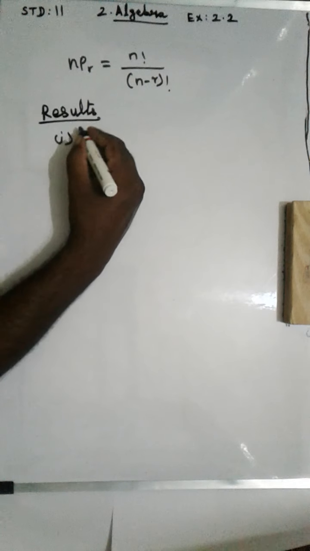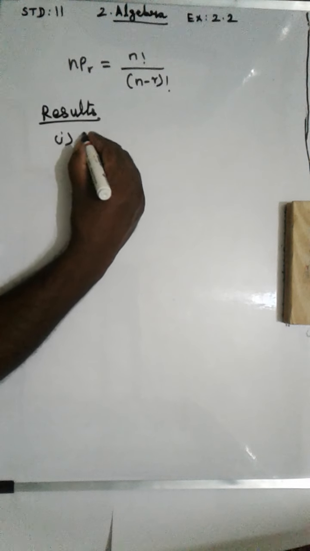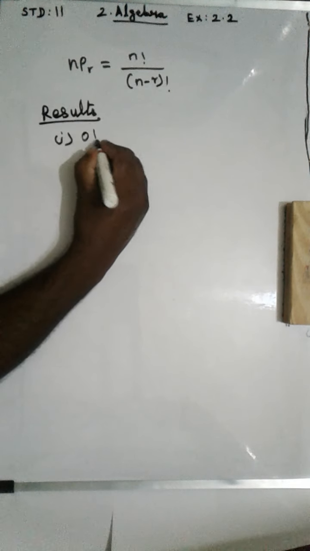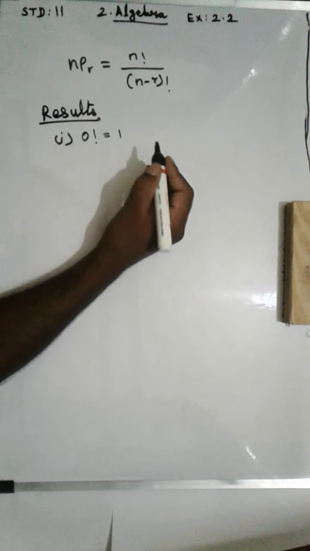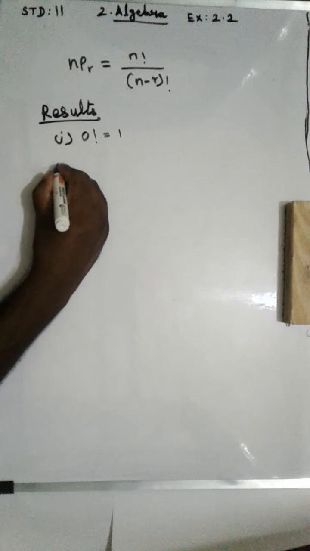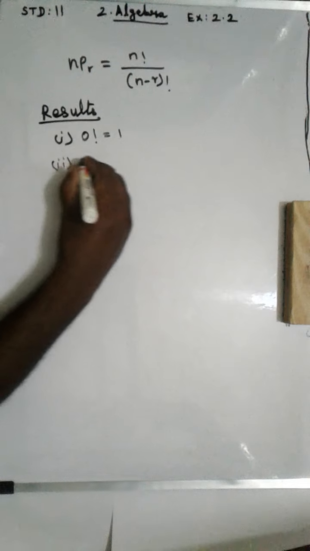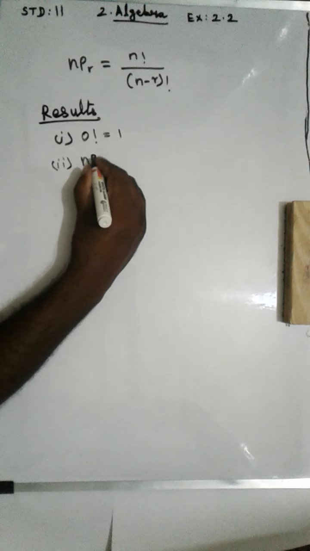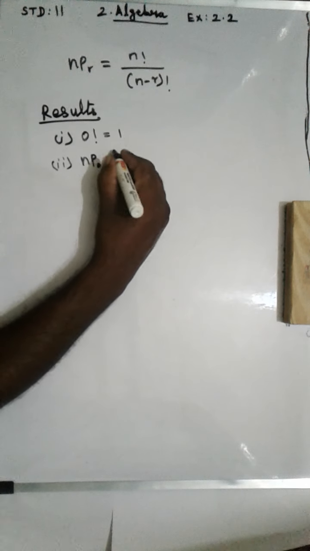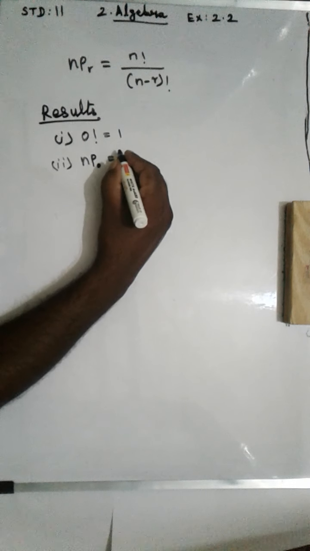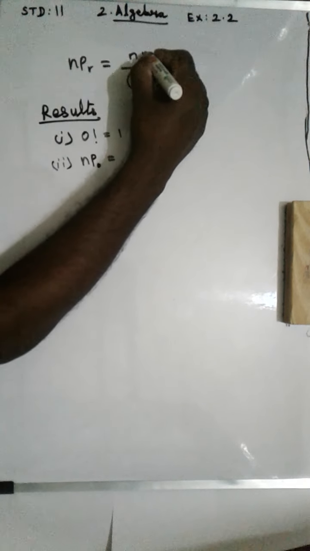Results. The first one is 0 factorial equals 1. Second, nP0 equals: we know the formula nPr equals n factorial divided by (n minus r) factorial.